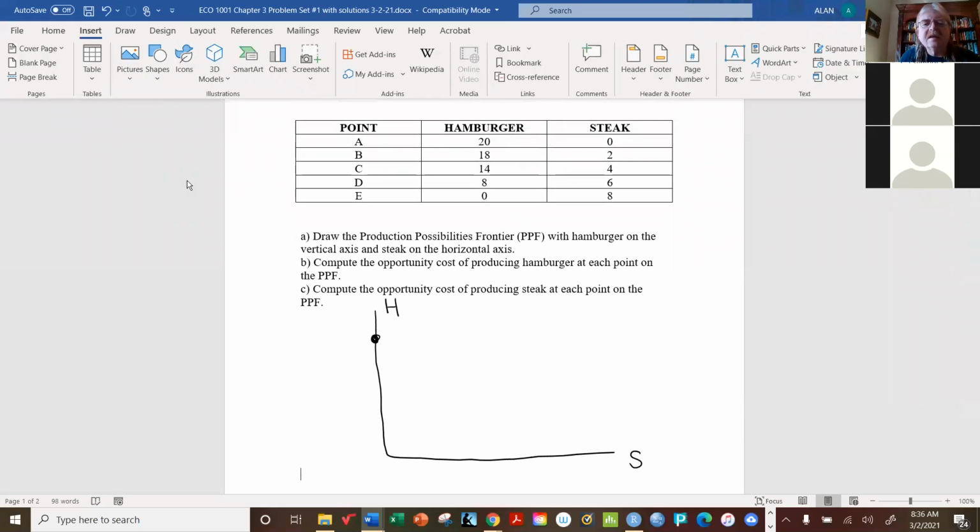And then you work your way down to 18 and 2. And then 14 and 4. And then 8 and 6.